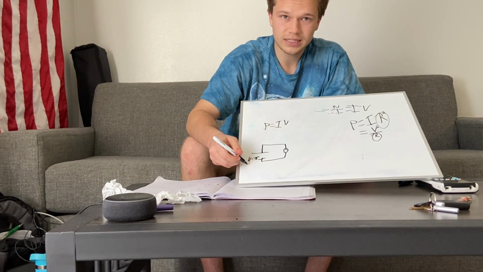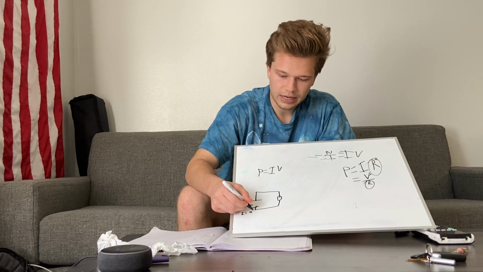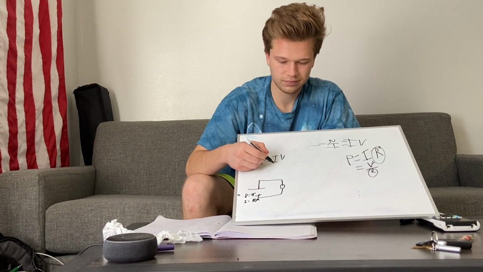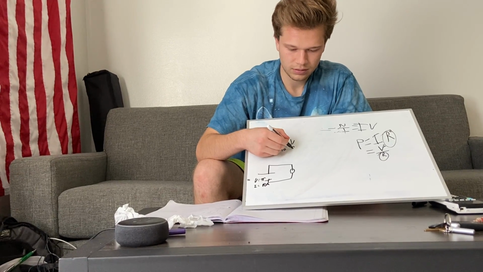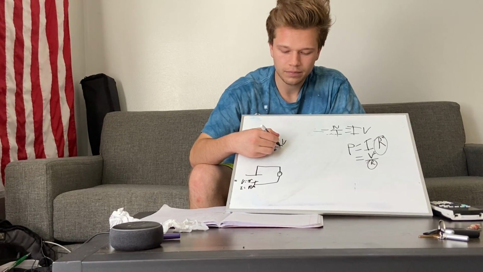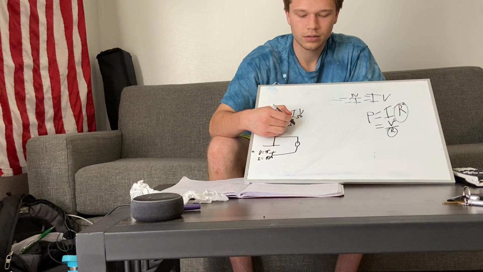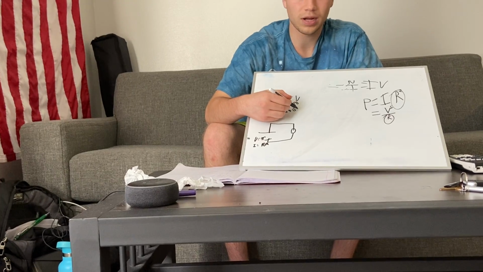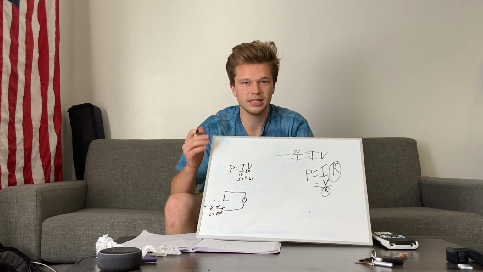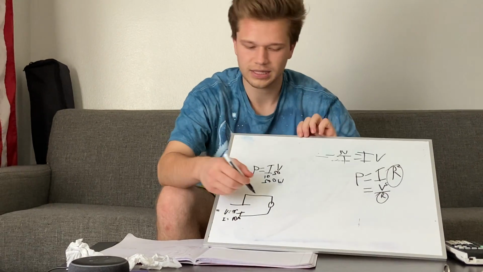And we'll say that the current is equal to 10 amps. So then 20 times 10 is going to equal 200. And that's going to be watts, right? So it's the entire power in the circuit. And so let's think about this, okay?